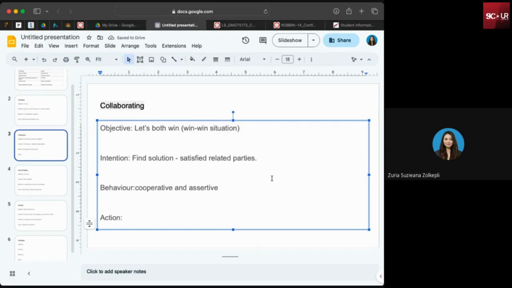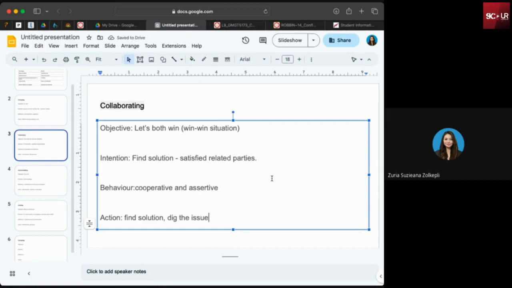And then some of the actions if we try to collaborate in terms of conflict. What we need to do: find out, you try to find a solution, clear goals, open communication. So you try to dig into the issue, where the problem is actually located.